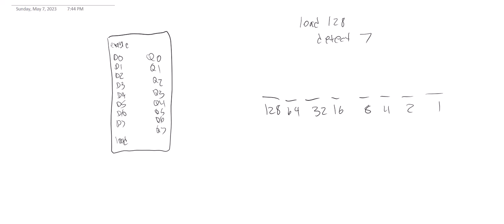Okay, so 128 has a 1 there and zeros everywhere else. So I just made an 8-bit counter here. So for my load, I'll load a 1 here and zeros everywhere else.